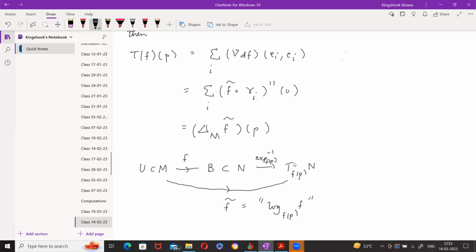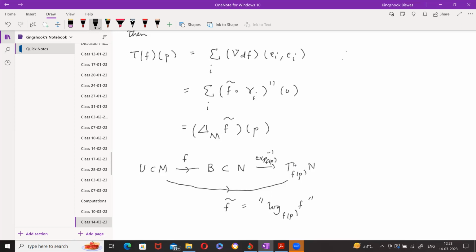All you're doing is this Laplacian of F tilde. This is the Laplacian of M applied to F tilde. This only depends on the Hessian, right? Of the coordinates of F tilde. And the Hessian is defined, we know how the Hessian is defined, right? By just taking the Levi-Civita connection applied to the gradient vector field, right?